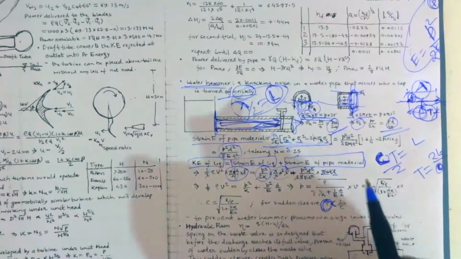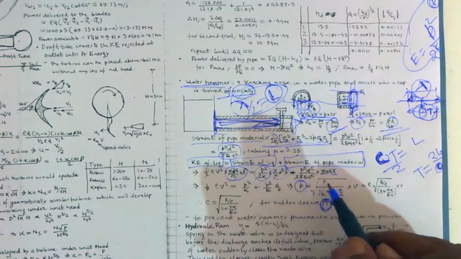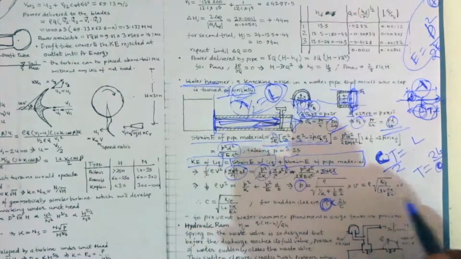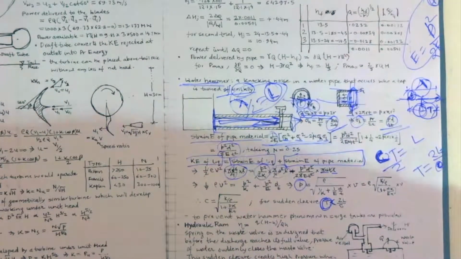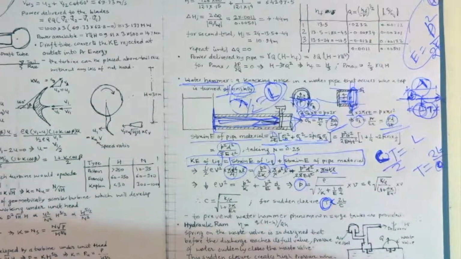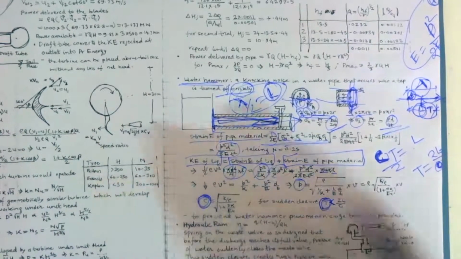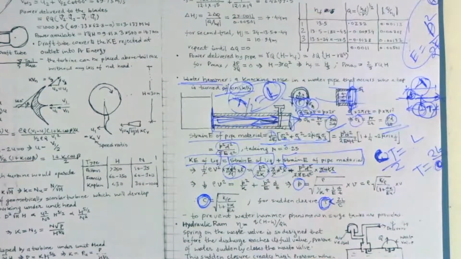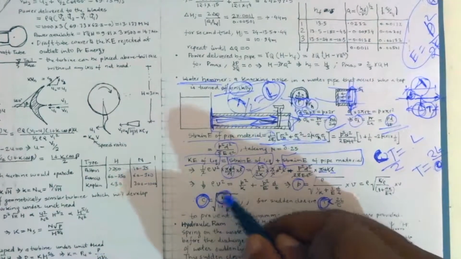So p square is equal to rho over (1 over k plus d over E t) into v square. Finally, we get this value of c, which is the group velocity of the wave: the square root of k over rho. This is very simple.